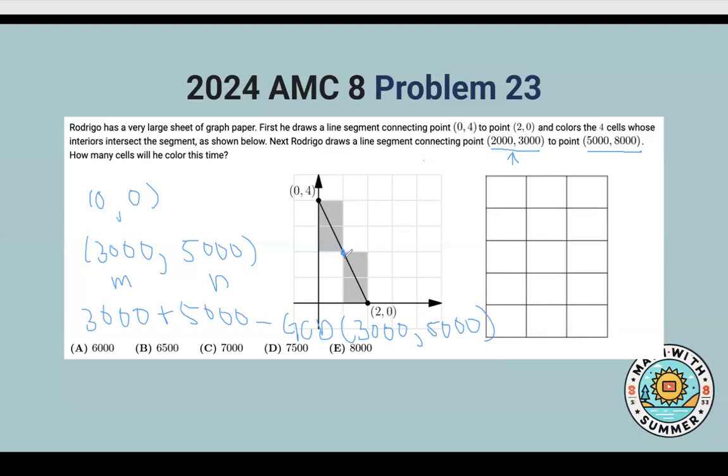When we divide 3,000 by 1,000, we're left with 3, and 5,000 by 1,000 leaves 5, and 3 and 5 don't have any common divisors besides 1. So our GCD is 1,000. Our answer should be 8,000 minus 1,000, which equals 7,000. And our answer is C.